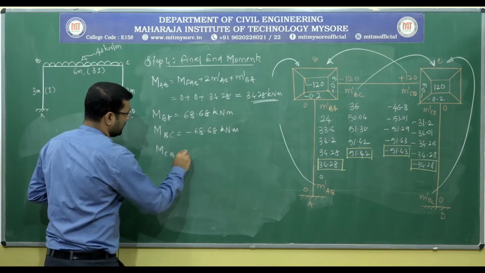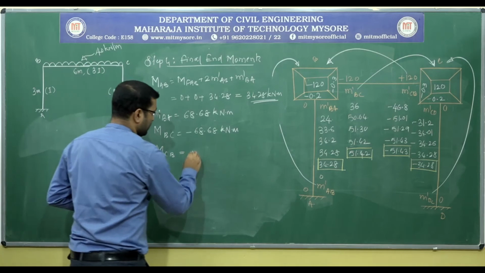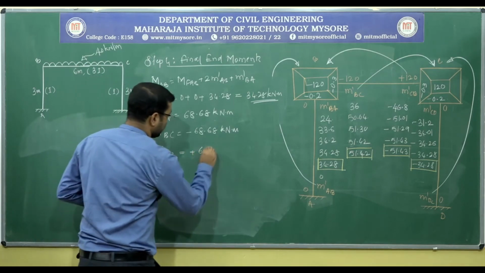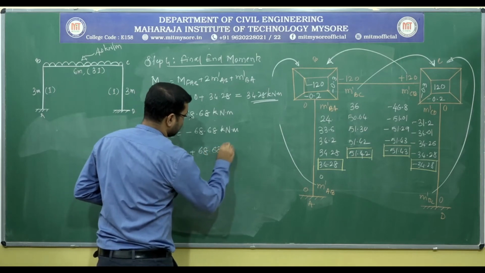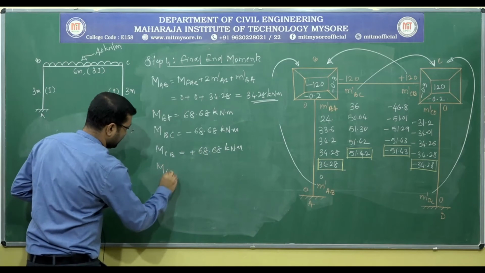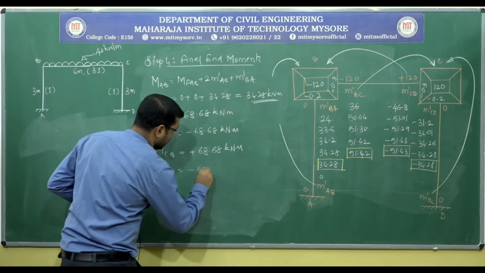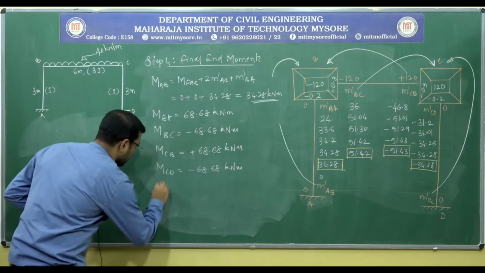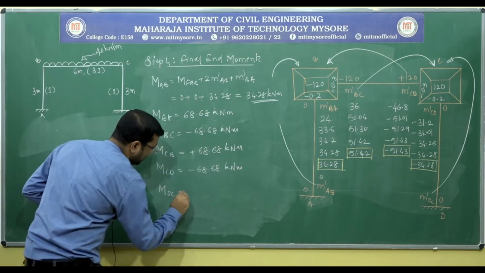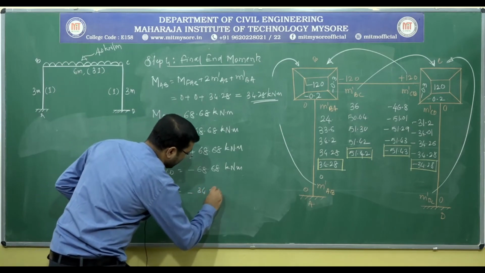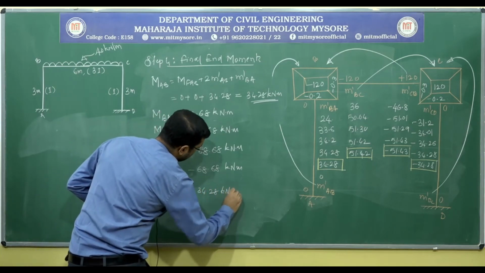MCB is plus 68.68 kilonewton meter. MCD works to be minus 68.68 kilonewton meter, and lastly MDC is minus 34.28 kilonewton meter.